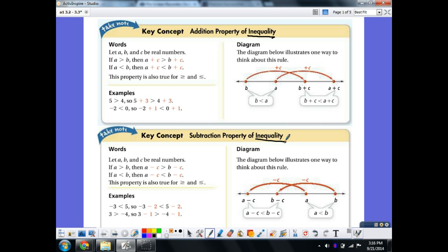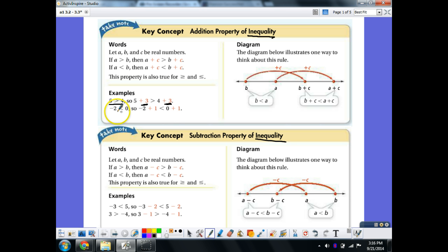And all that says is that in an inequality, such as 5 is greater than 4, which is true, if you add the same thing to both sides, then that inequality is still true. So 5 plus 3 is still greater than 4 plus 3.